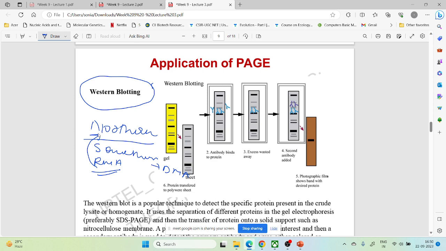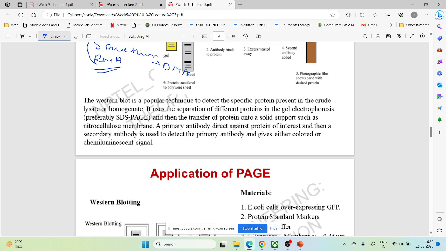So basically, in western blotting, whatever protein you had in your gel, you are transferring it to a solid support such as a nitrocellulose membrane or a PVDF membrane.